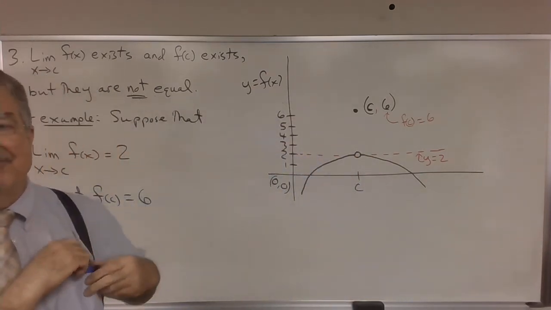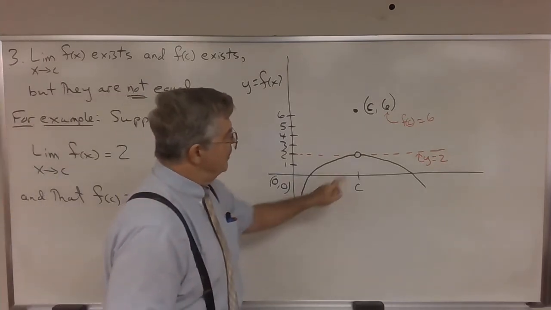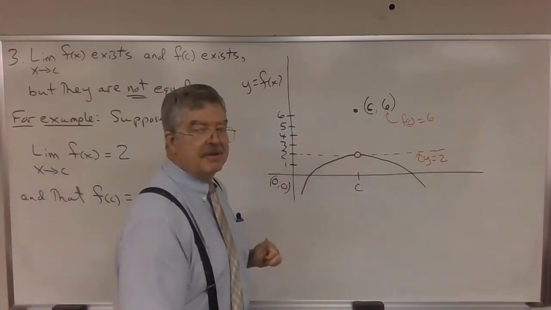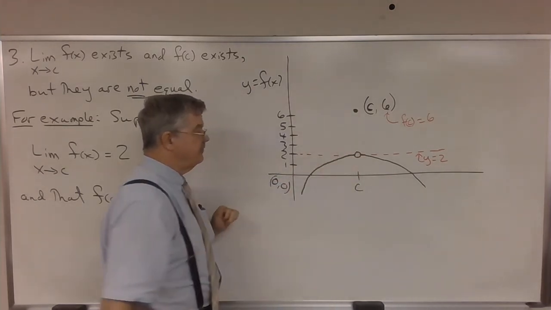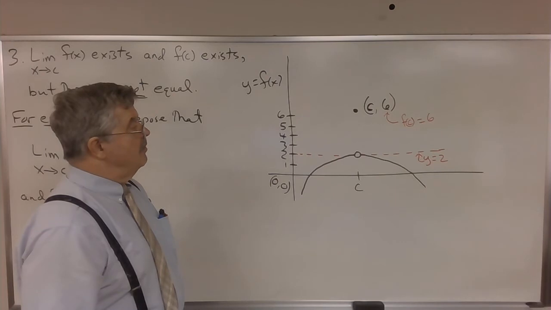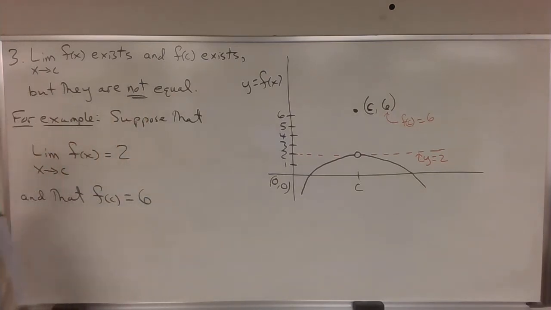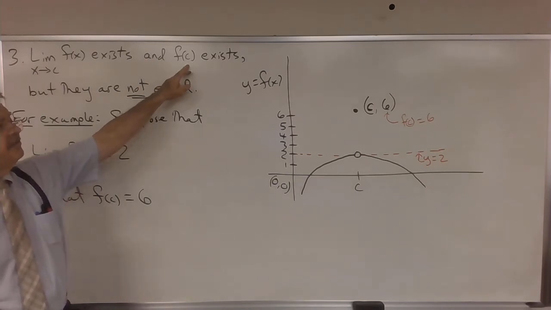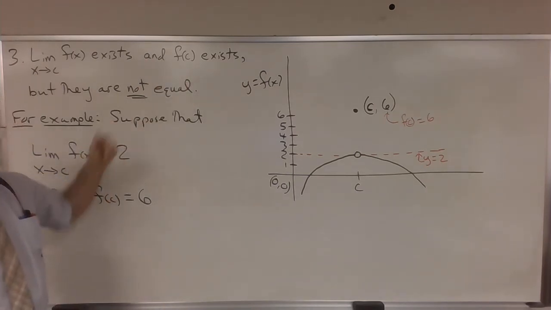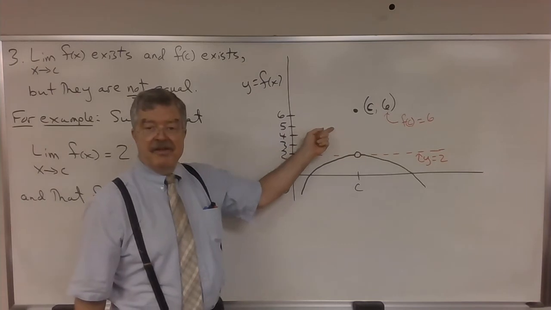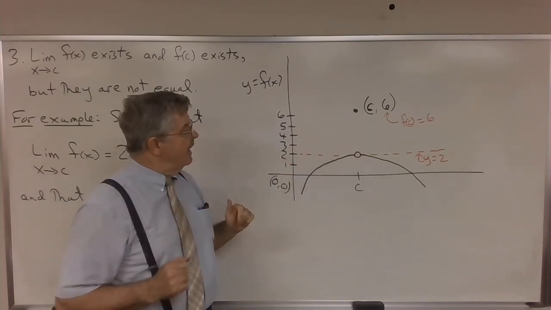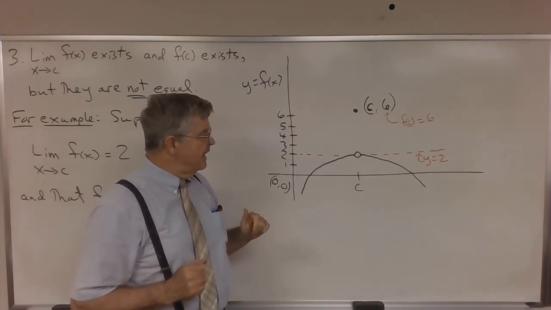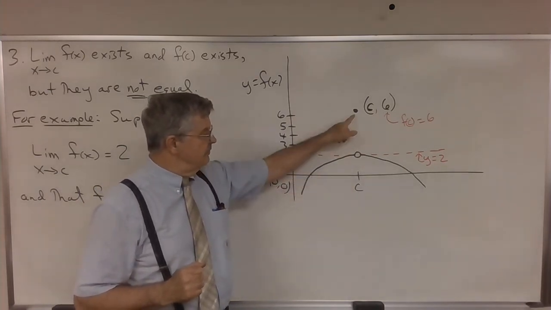This is one of those tweezer graphs where the point was here, but somebody took a pair of tweezers and plucked this point out and moved it up here. Oh my goodness. So when the limit of f of x exists and f of c exists, but they're not equal, this gives us an idea of what the graph looks like. And there is an interruption in the graph right here at x equals c.